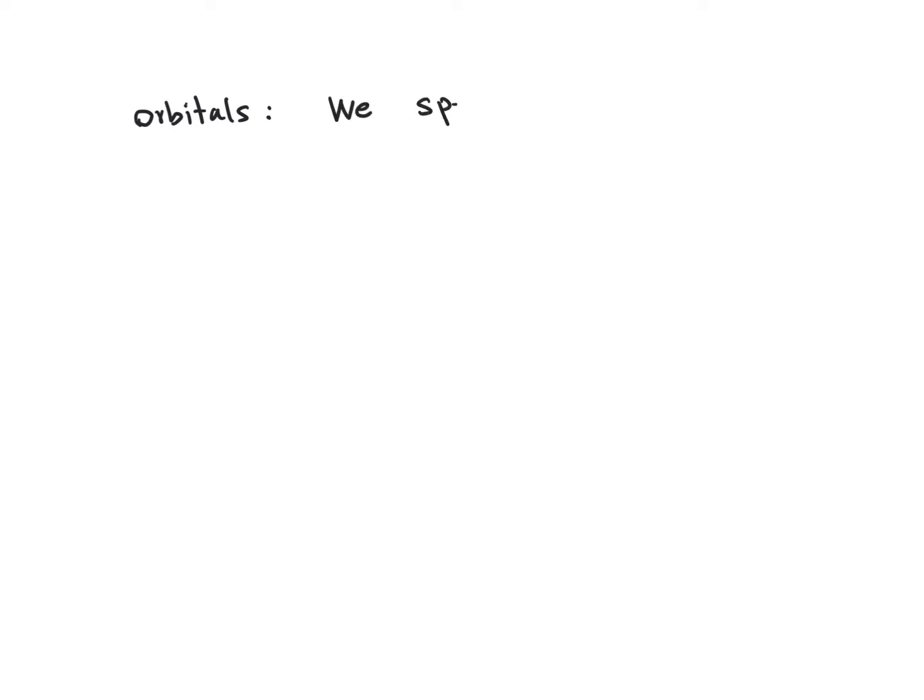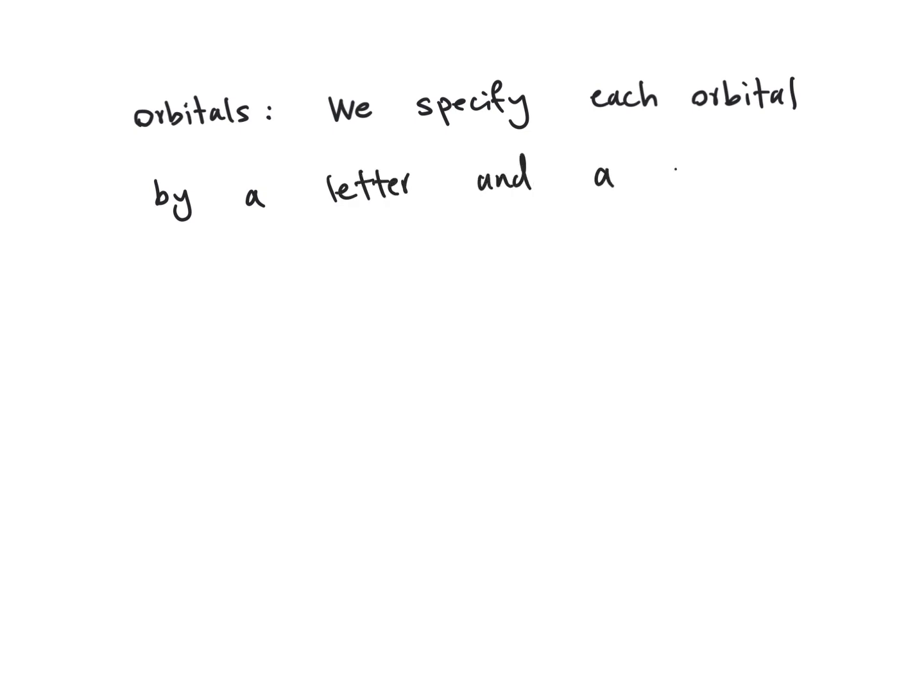We specify each orbital by a letter and a number. For instance, I say 1s, or 2s, or 2p, okay?